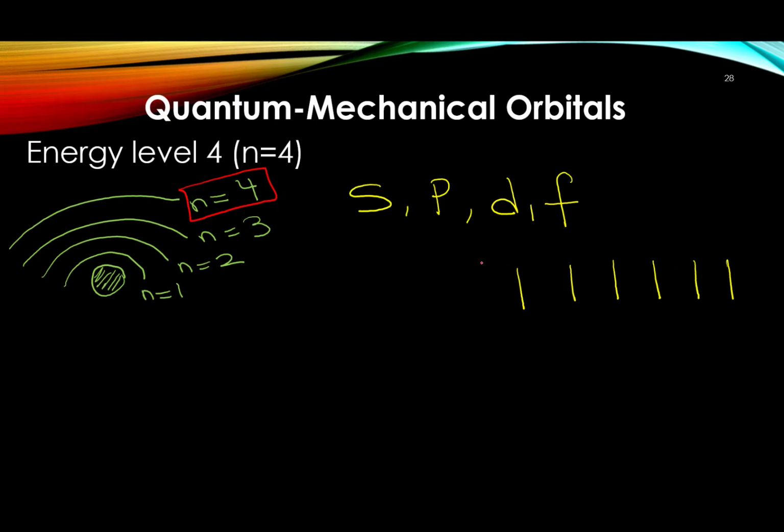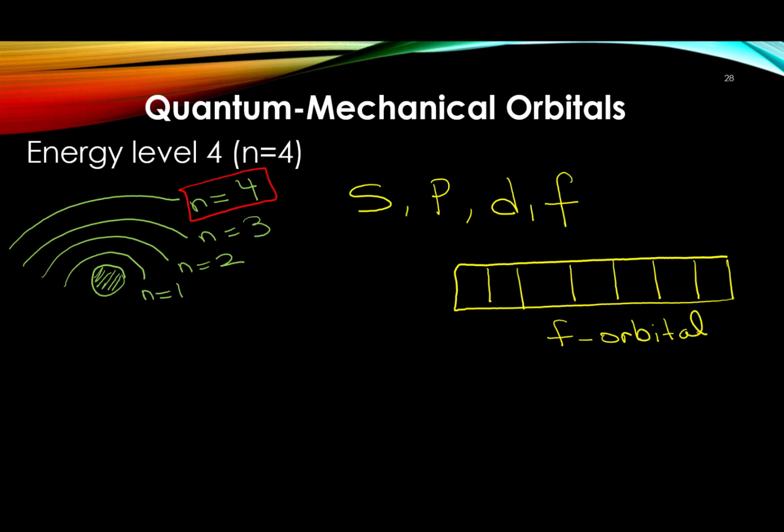Okay, oopsie. Sorry about that. 1, 2, 3, 4, 5, 6. Let's make a 7. Okay, 7. This is the F orbital. Then F orbitals, there are 7 orbitals joined together.